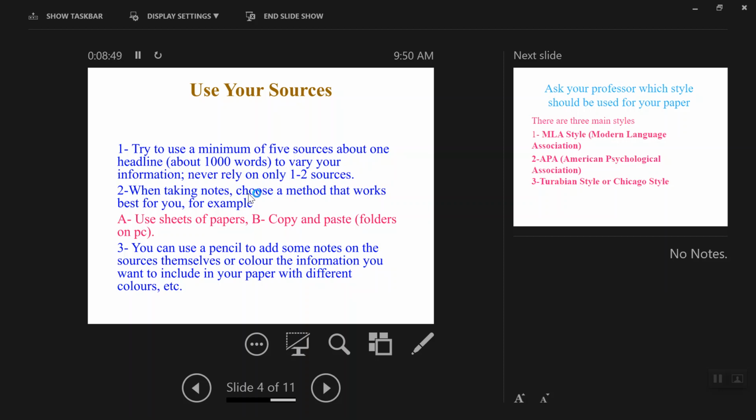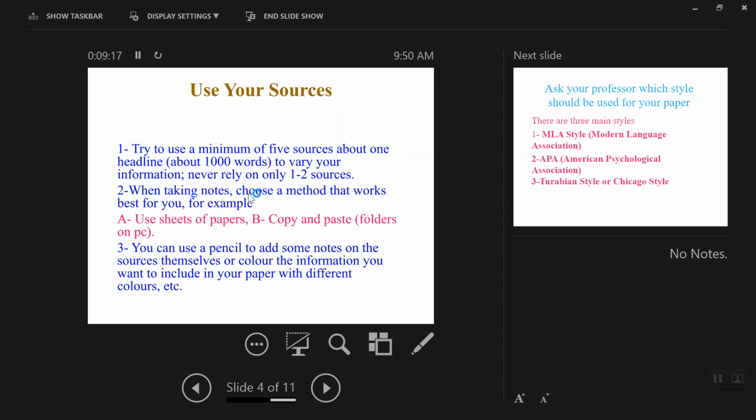Try to use more than 2, 3, 4, 5. It's very important. Why? To show the reader that you have read the different sources, and now you can make a comparison between these or those sources, those writers. Not only one. It means that you just copy and paste.